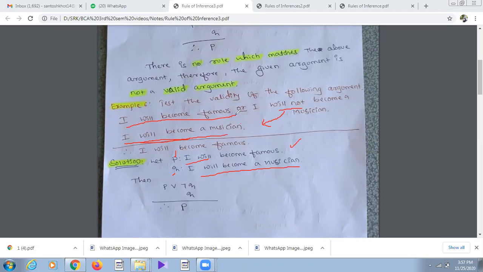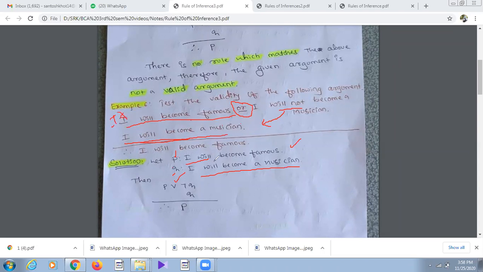See here, I will become famous, that is P. In between, or is there. What does or mean? That is a disjunction symbol. In the previous problems, whenever the word if was there, you applied the conditional connective.